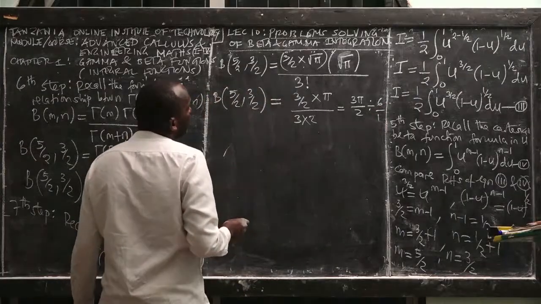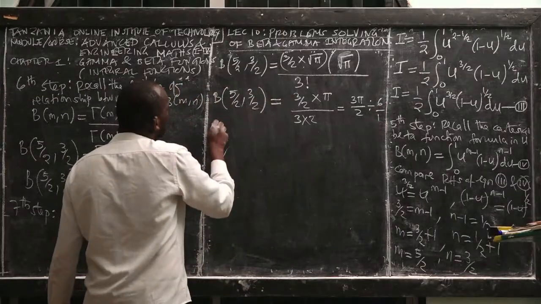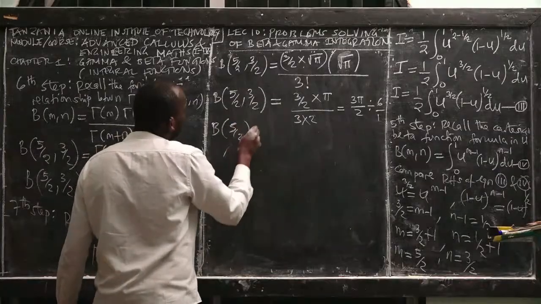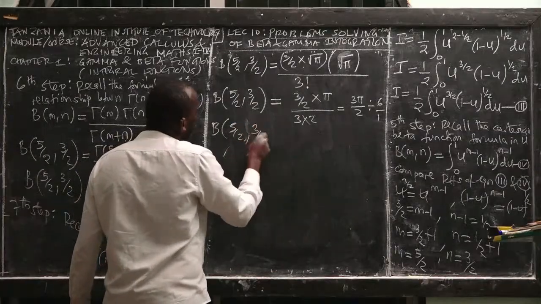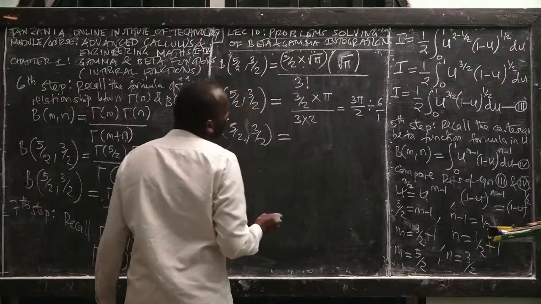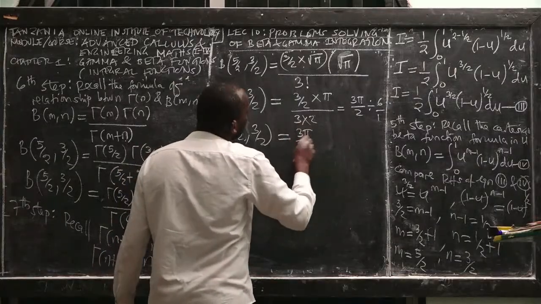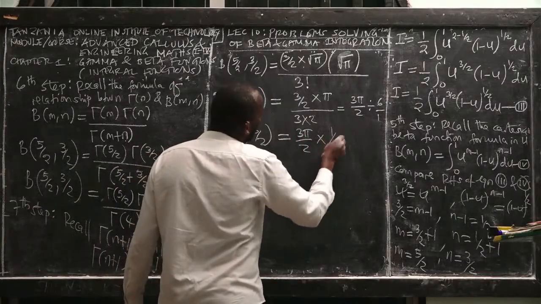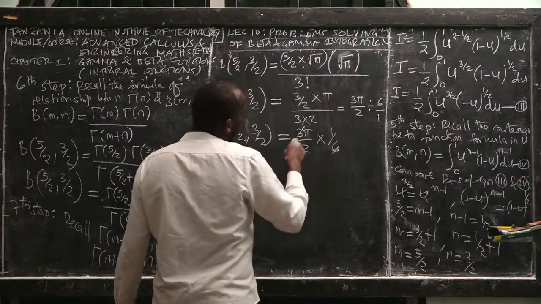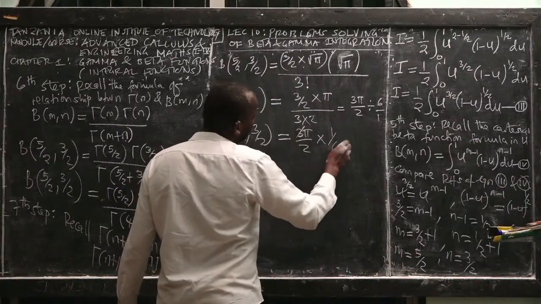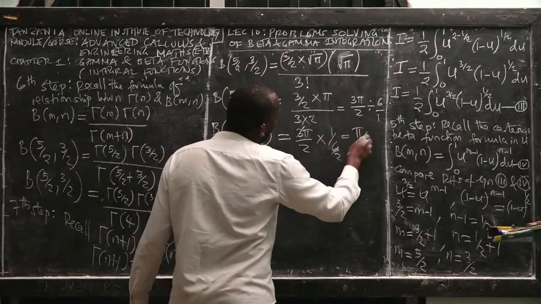So simply beta of 5/2, 3/2 is equal to 3 pi over 2 multiplied by 1/6. So by 3, 1, by 3, 2. So simply this is pi over 4.